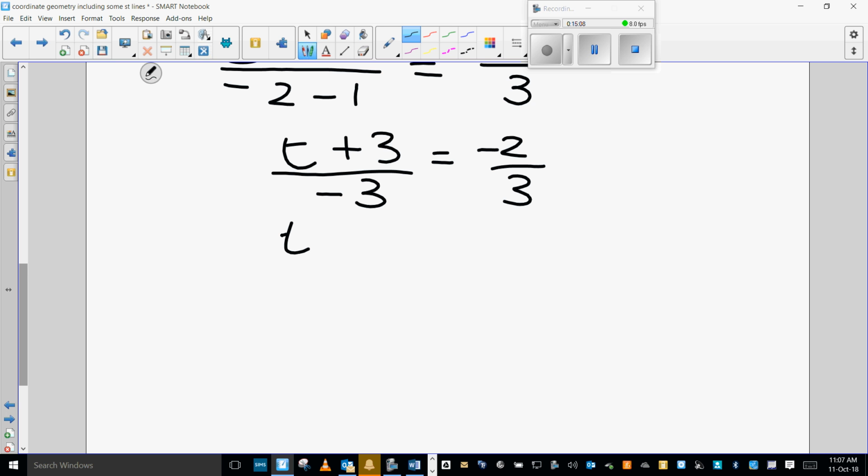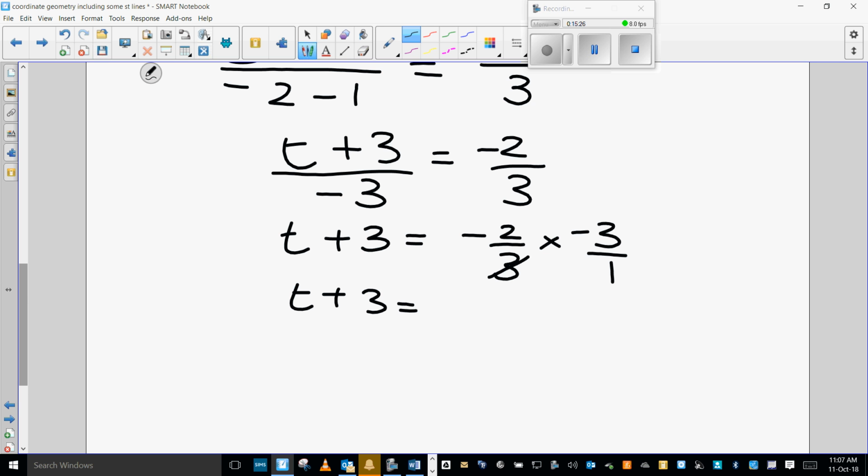I would probably just do this: I've got negative 2/3 multiplied by negative 3, so I'm multiplying both sides by negative 3. So we've got t plus 3 equals, I can see that these cancel, so I've just got positive 2. And then t is negative 1.